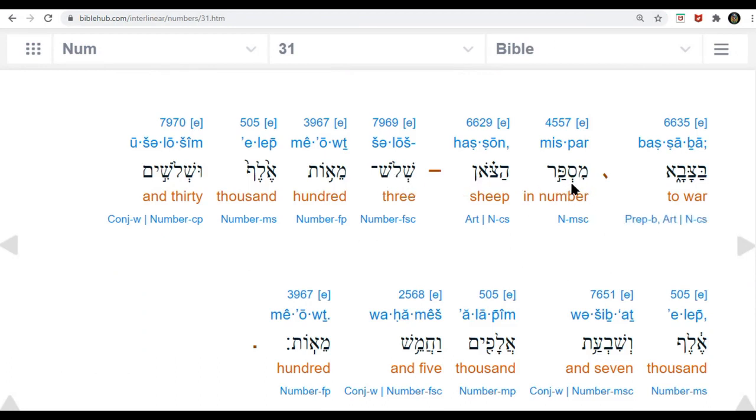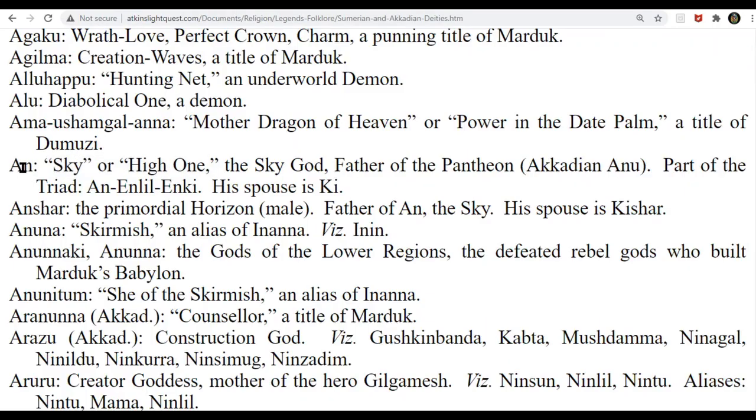And so this word cipher is also where you got your word sift, to sift out. You just want the big ones. Well, here, you're sifting out. You just want from the cipher of the exon souls. This on here, an, is the word for heavens. You can see here on the sky, a high one, the sky god.